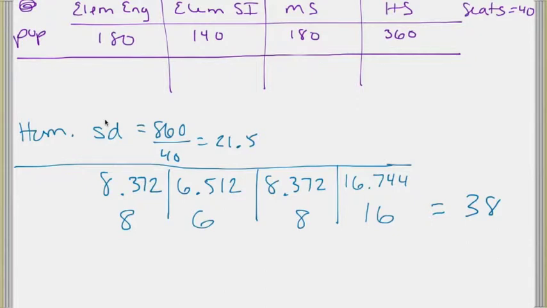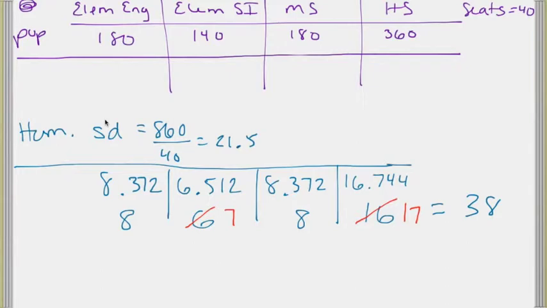So we're going to give 1 more to the 2 with the highest decimal places. So 0.7, the high school is going to get 1 more. And 0.5, the Spanish immersion is going to get 1 more. So our final apportionment would be elementary English gets 8, Spanish immersion 7, middle school gets 8, and high school gets 17. And that would be our 40 seats. That's Hamilton's.